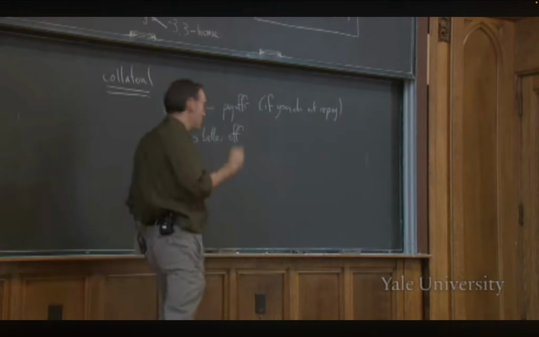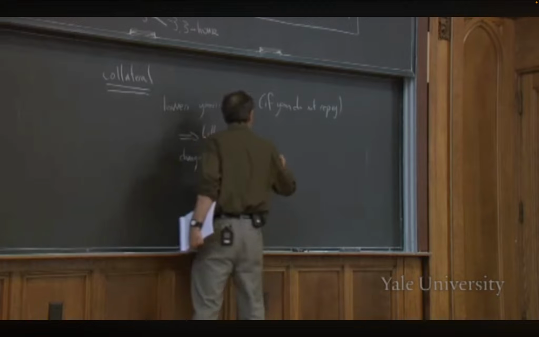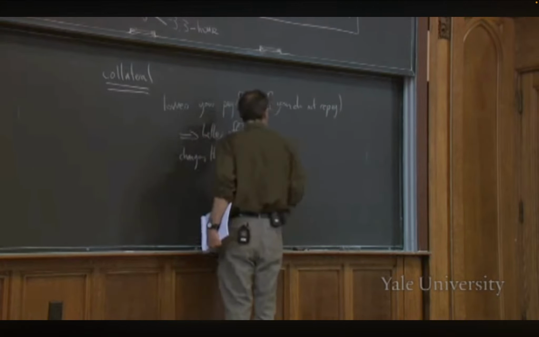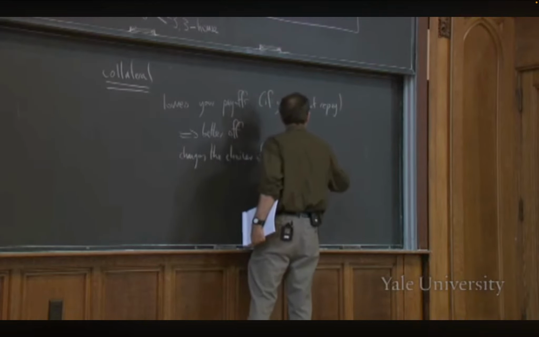And the reason it makes you better off is it changes the choices of others in a way that helps you. We're going to see lots of examples of that in the next couple of days.